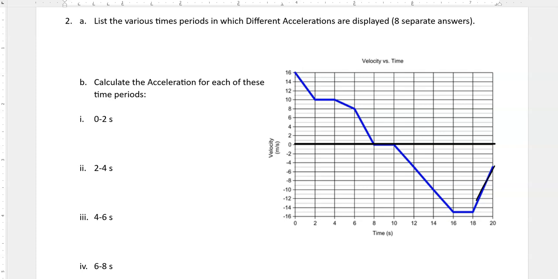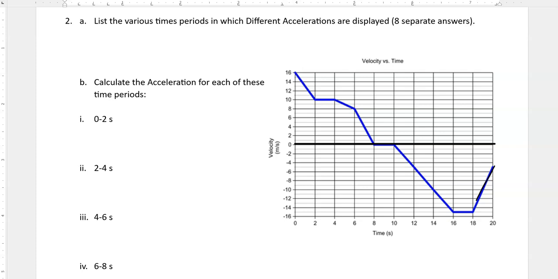From 8 to 10 seconds, we're back to a slope of 0. From 10 to 16 seconds, we have another negative slope. From 16 to 18 seconds, again, the slope is 0. And finally, from 18 to 20 seconds, our slope is now positive for the first time in this graph.